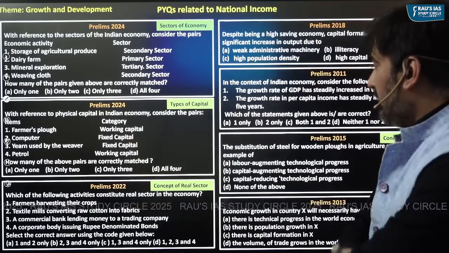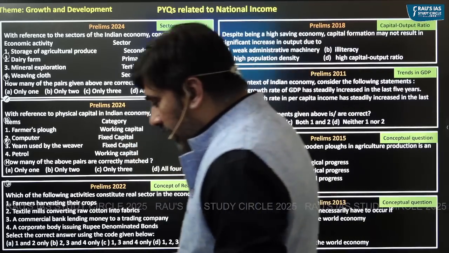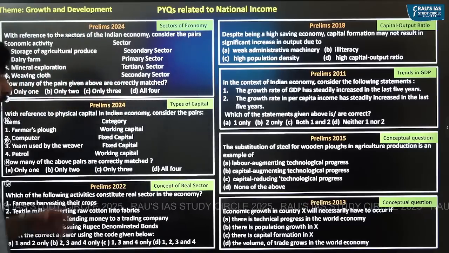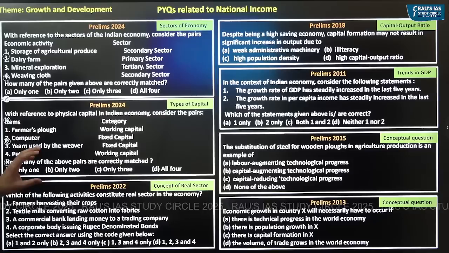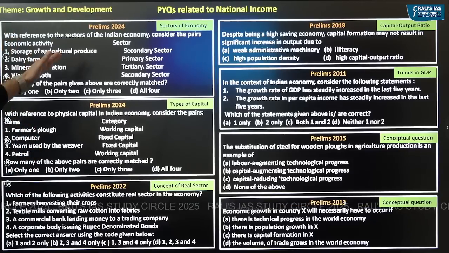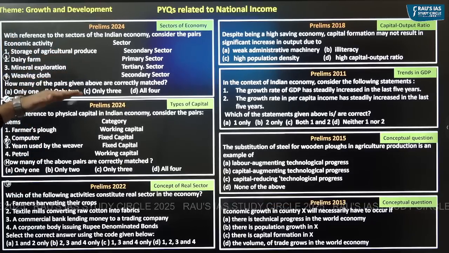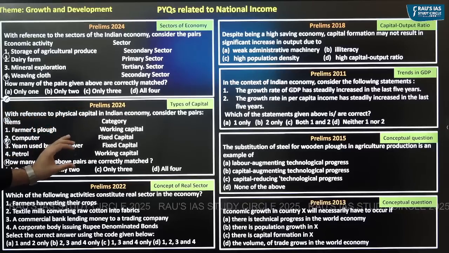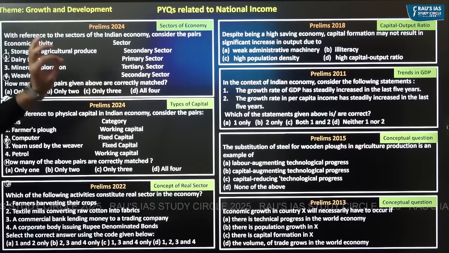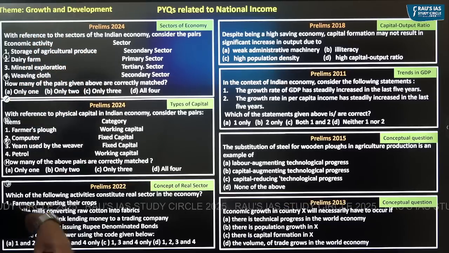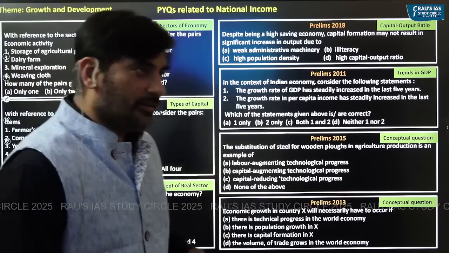Just have a look at the previous year questions related to GDP or national income. Questions are generally asked with respect to, as you can see, sectors of economy, types of capital, concept of real sector, then trends in GDP, capital output ratio. These are the questions which are generally asked.